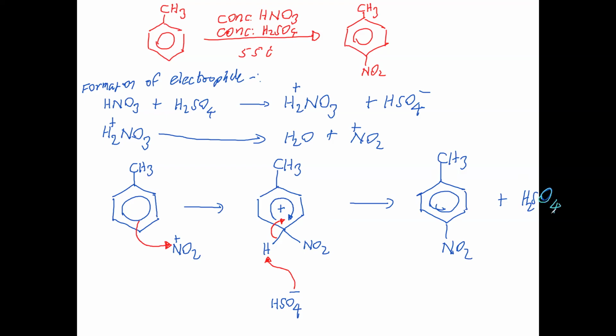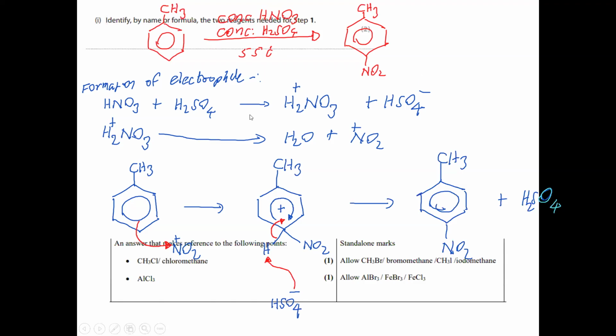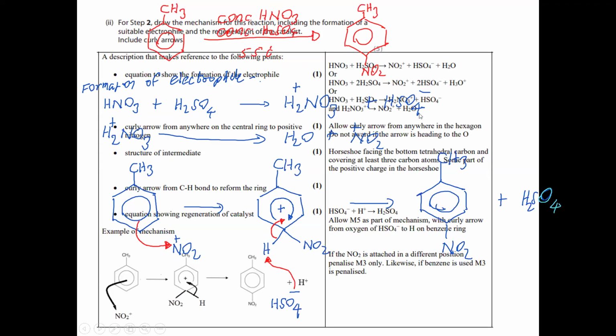So this is the mechanism which I drew. Now let's see, according to the marking scheme, how many marks I will get. Equation for the formation of electrophile: HNO3 reacts with H2SO4 to give you NO2 plus, HSO4 minus and H2O. Yes. If I add these two reactions, that's the one. I have shown it in 2 steps. Yes, they accept these 2 steps. Curly arrow from anywhere in the central ring to the positive ion of NO2.